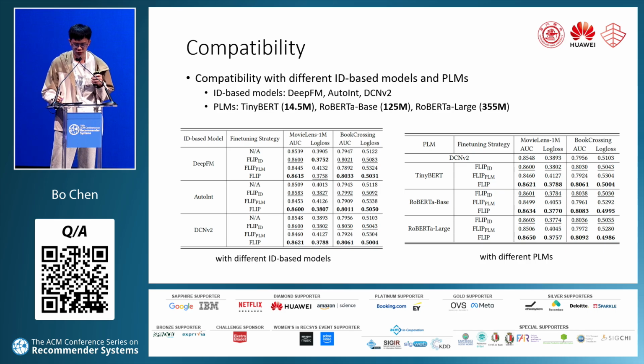Next, we change to different models, such as TinyBERT, RoBERTa, DeBERTa, and different ID-based models, and the results prove that our proposed framework still achieves the best performance. This result demonstrates its compatibility with different backbone models.